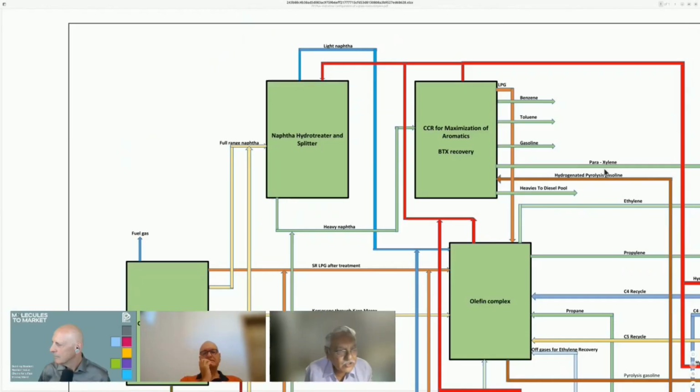So I can easily go for a managing licensor and basket all these technologies. If it is a public sector I can't do it, but if it is a private company setting up the project, then they can make a choice between UOP and Axens, and all these technologies can be basketed.